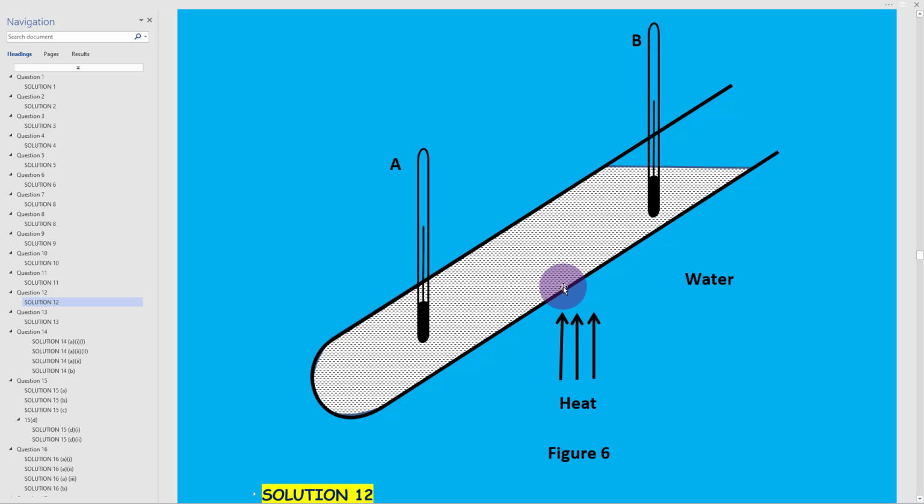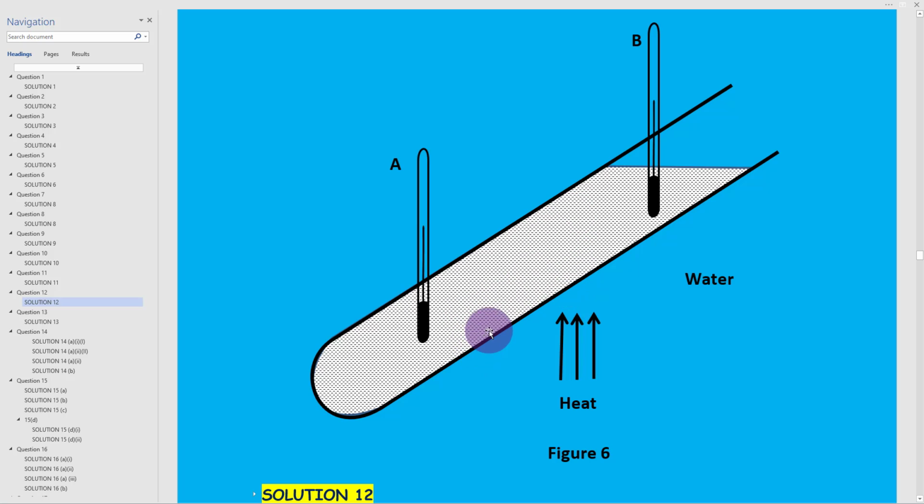It's already at the top. As far as this horizontal line here is concerned, this water here is already at the top. So heating it and making it less dense will not make it move down. It will just make it rise upwards like that.